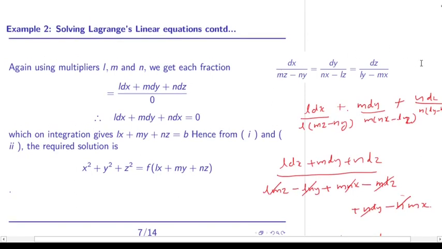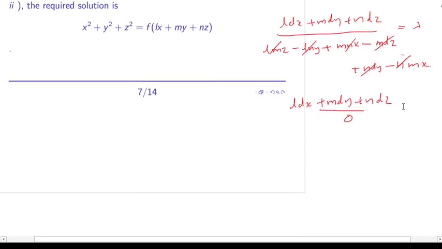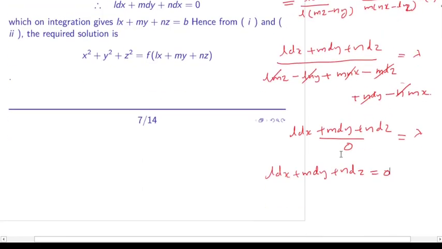Since all these three ratios are equal, we can also say that this is equal to this thing. Okay, so let us put this as lambda again. So all these three ratios are equal to lambda, and the ratio we made is also equal to lambda. So that means L dx plus m dy plus n dz equal to 0. So now you can integrate with respect to each and every component.